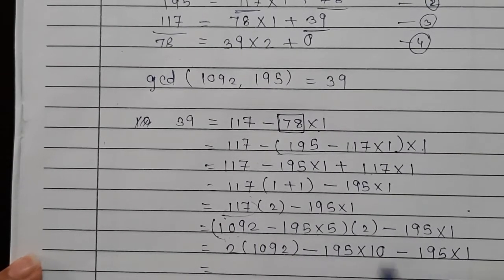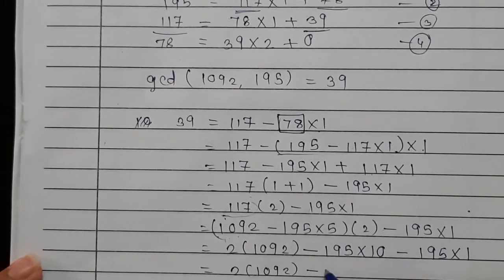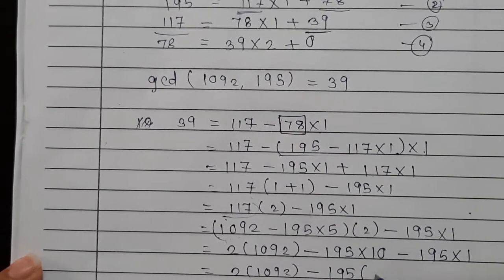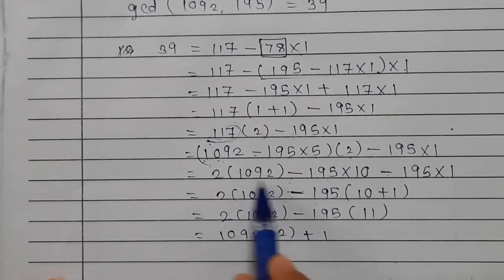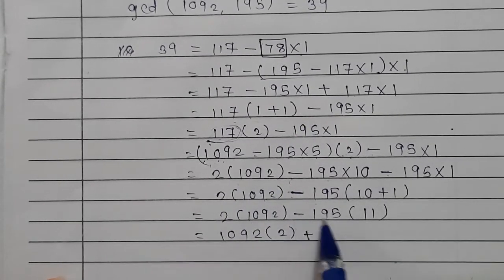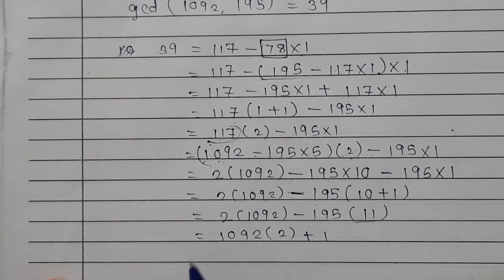Now we take 195 common. So we get here 10 plus 1, because we take the minus sign outside. This is as it is, minus 195, and 10 plus 1 is 11. So we write here 11.